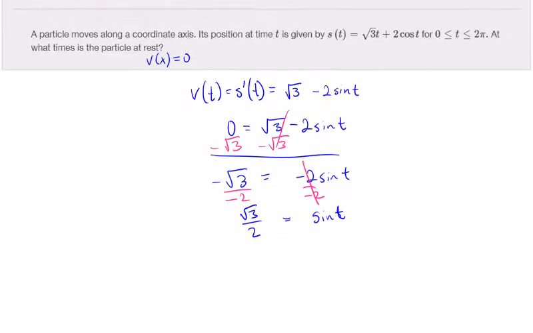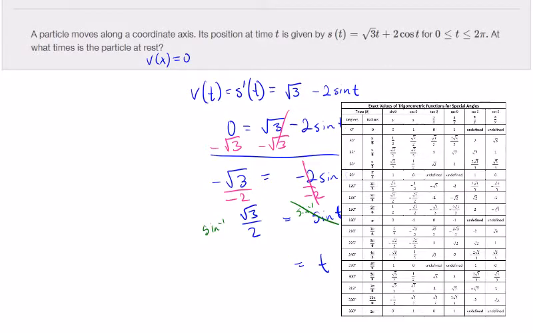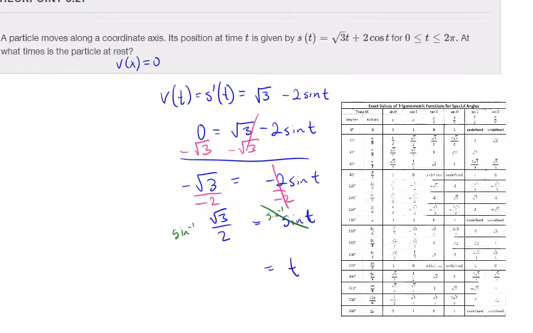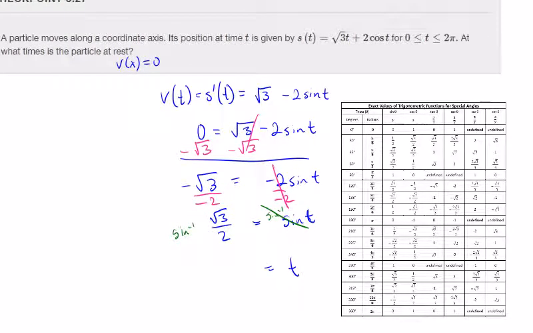Then I'm going to take the sine inverse of both sides. You can go straight to the answer at this point by looking at your trig chart. If I'm looking for sine inverse of root 3 over 2, I bring up my handy dandy trig chart again. We want to look for when sine equals root 3 over 2. We line up sine, go down, and think about radians.